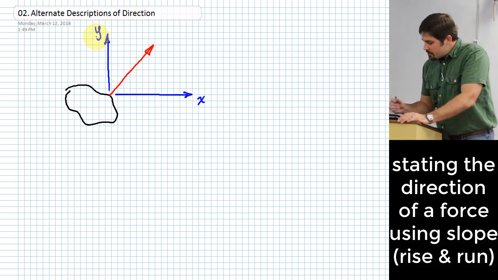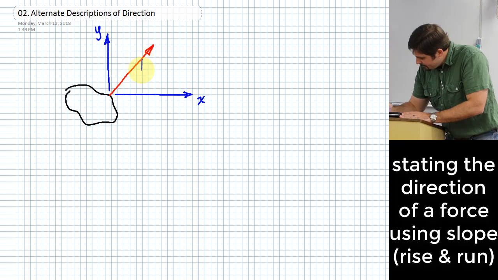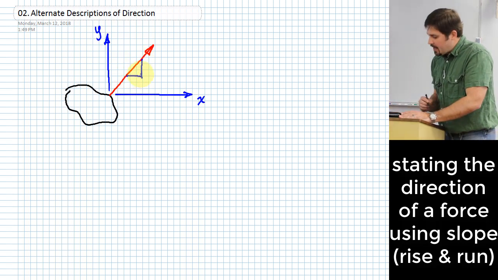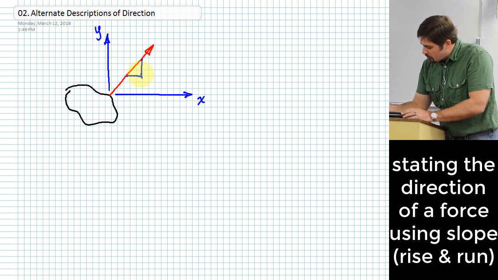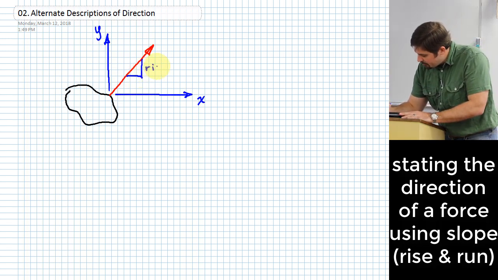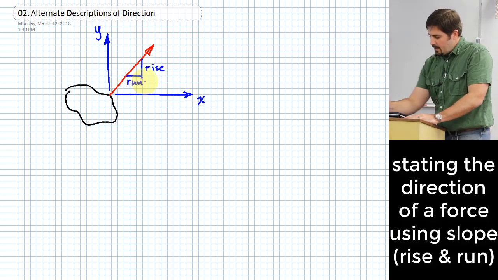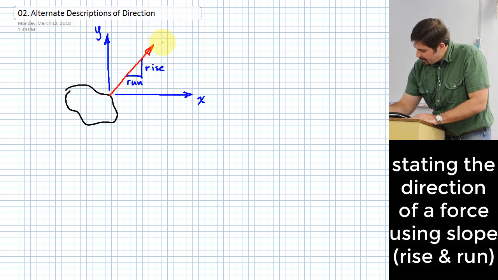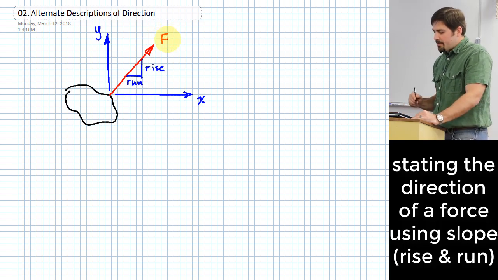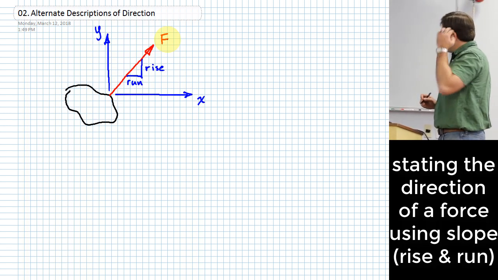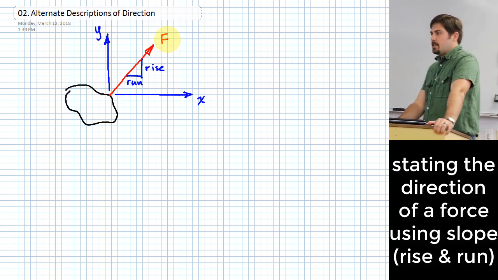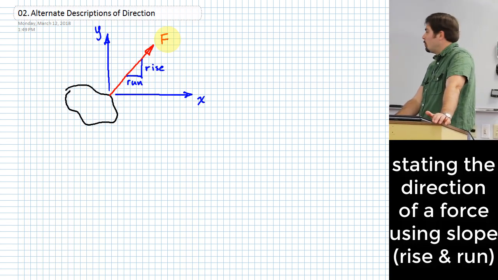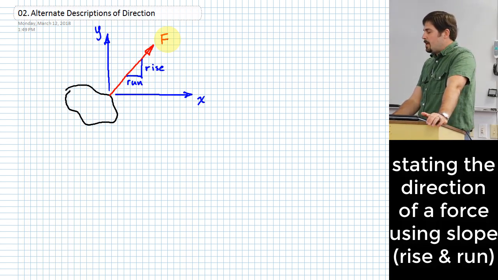Relative to this reference frame, let's say this force has a particular rise and run. I'll write this as a rise, and I'll write this as a run. Let's say this force has an overall magnitude of F. What I want to do is split this force into two components, one parallel with the x direction and the other parallel with the y direction, based on knowing values for rise and run.